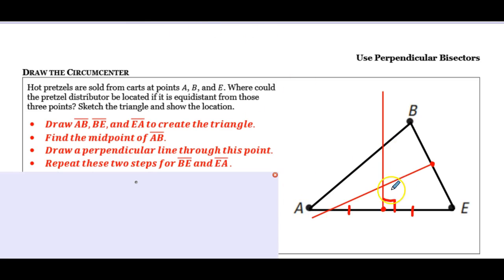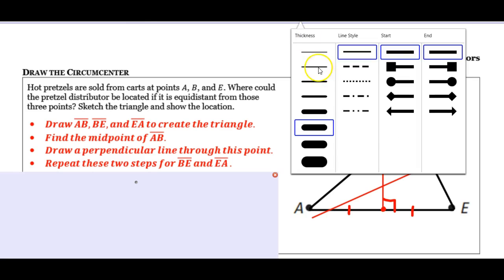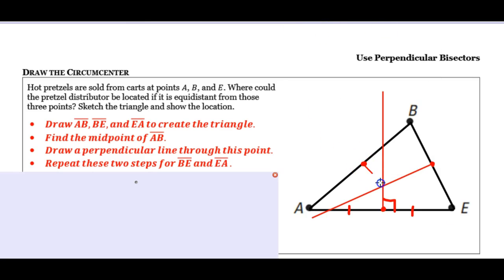Last one, I'm going to find my midpoint, and draw my perpendicular line.